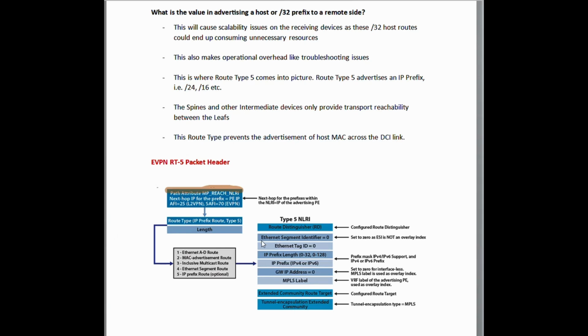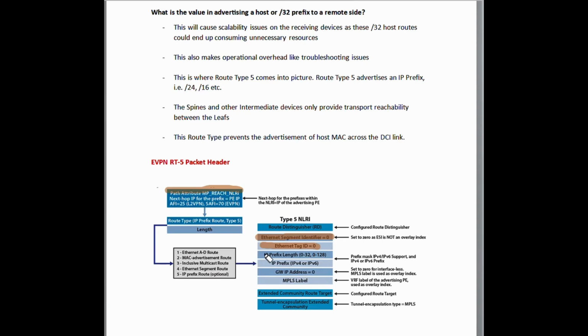The next field in the packet header is the Ethernet segment identifier, and its value is set to 0 if the ESI value is not used as the overlay index, and we will go over the overlay index discussion in a minute. The next value is the Ethernet tag, which is set to 0.